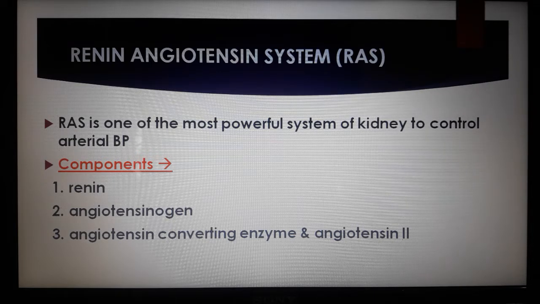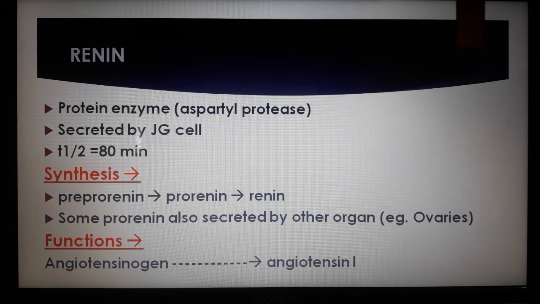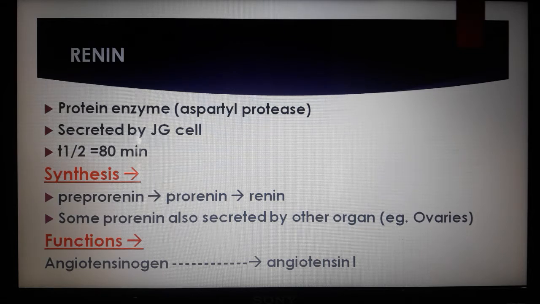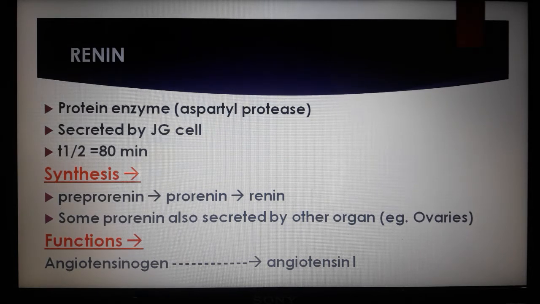Components: renin, angiotensinogen, angiotensin converting enzyme and angiotensin II. Renin is a protein enzyme, an aspartyl protease, secreted by the JG cell, the juxtaglomerular cell of the afferent arteriole. Its half-life is 80 minutes.